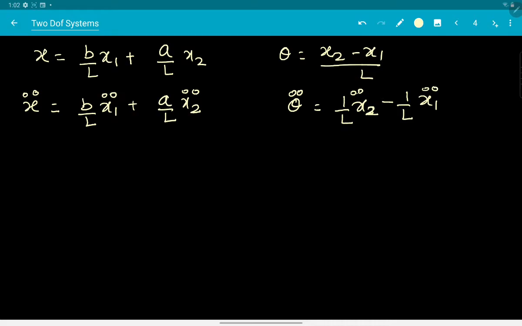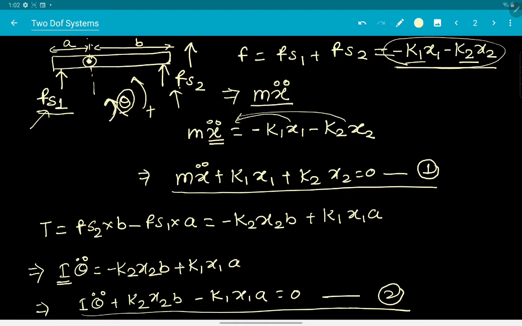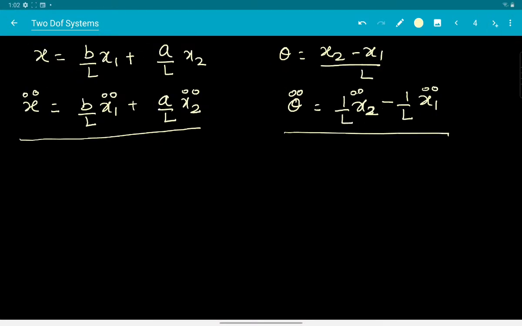Now what we'll be doing is putting these values of x double dot and theta double dot in our initial expressions, which we derived based on force and torque balance. These are equation number 1 and equation number 2. Let me write those equations once again for you. Equation number 1 was m x double dot plus k1 x1 plus k2 x2 equal to 0.